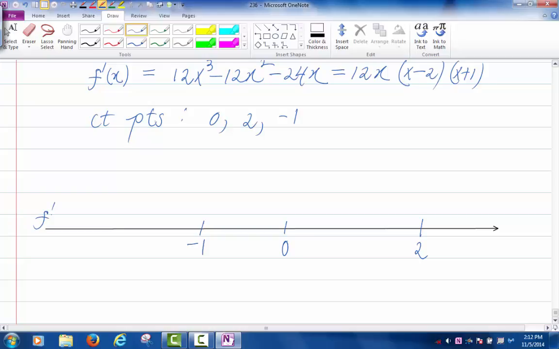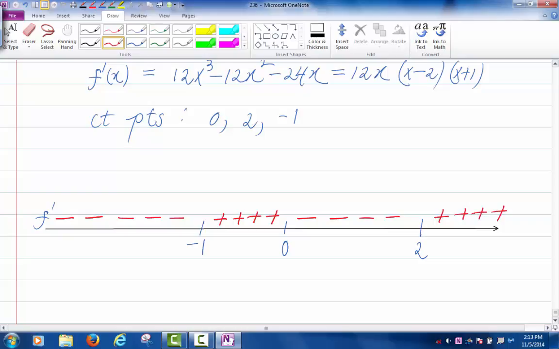And then what did we say about the sign of the derivative at each subinterval here? I think the derivative to the left of -1 was negative, right? So this was negative here, and then it was positive here, and then it was negative again here, and then it was positive here, right?